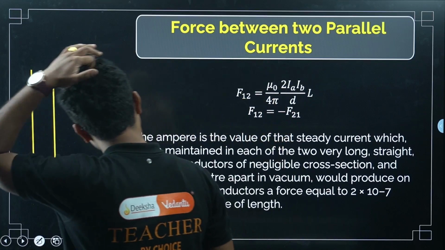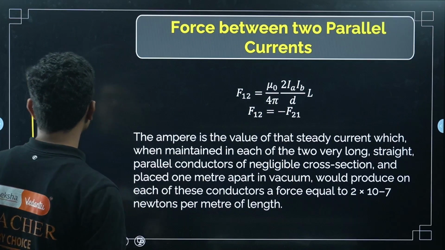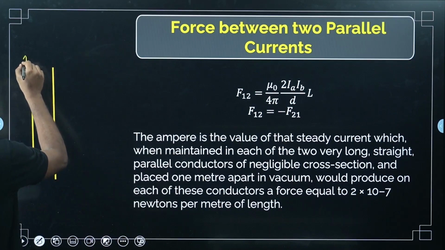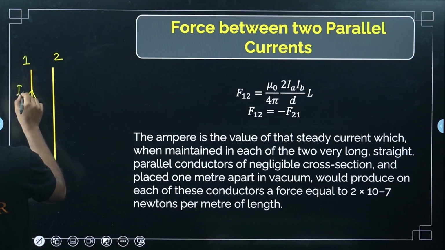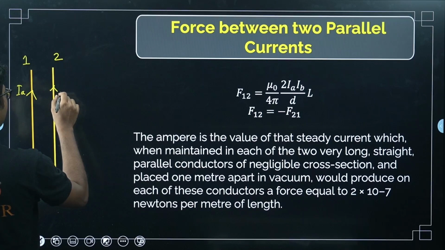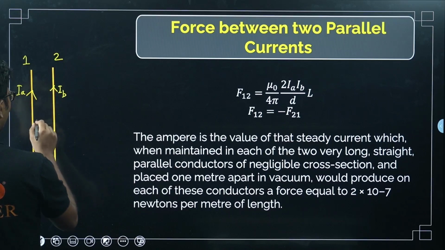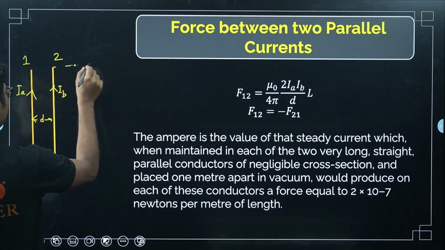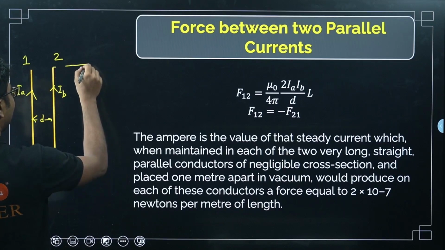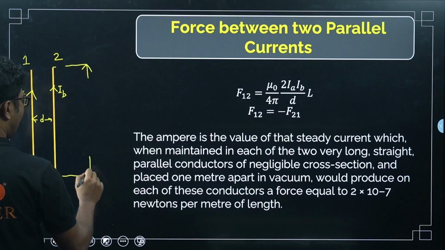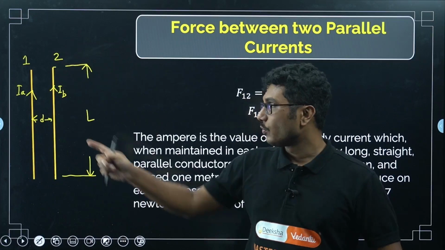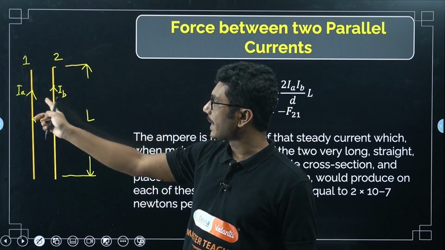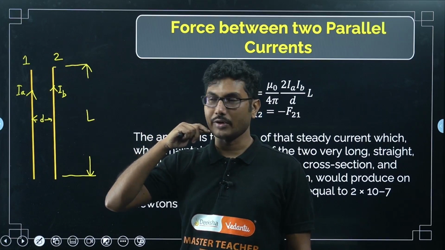So, what is the meaning of parallel currents? We have two wires, say 1 and 2. Current through this is IA, current through this is IB. The distance between them is small d, and suppose we are considering a length L. Now, wire number 1 will produce a magnetic field where wire 2 is located.